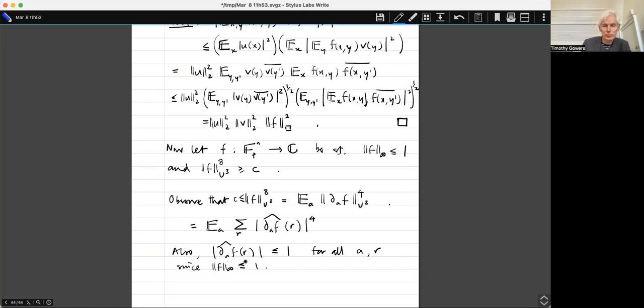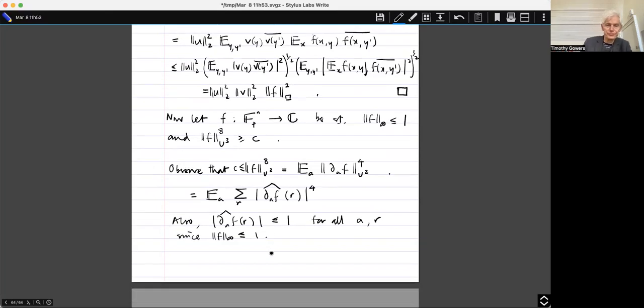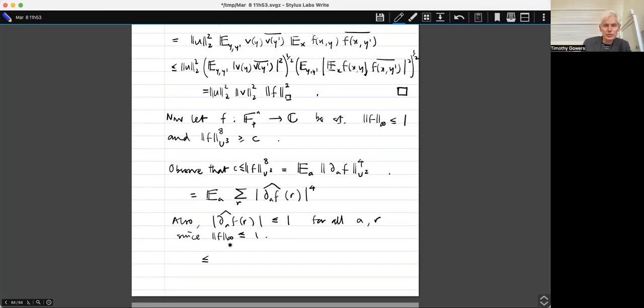If you just look at the formula for this, you'll see that it's quite clearly less than or equal to 1. And so this means that we can do something that would normally be a little bit naughty, and just say that's at most the average over a.